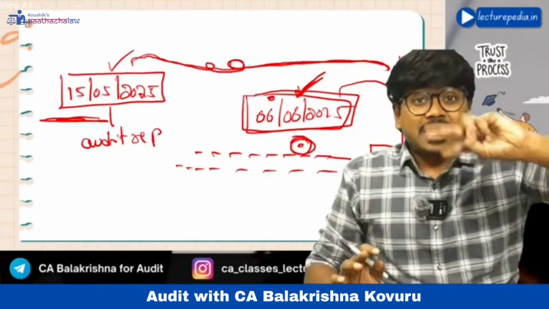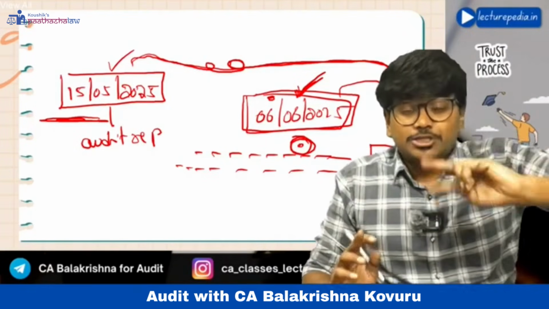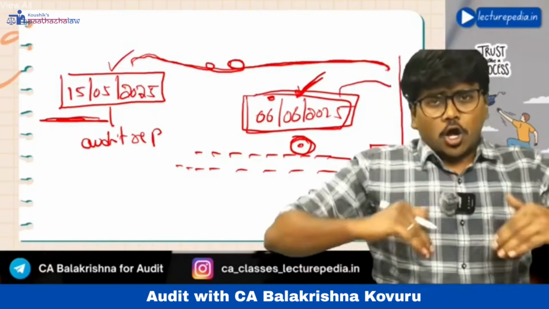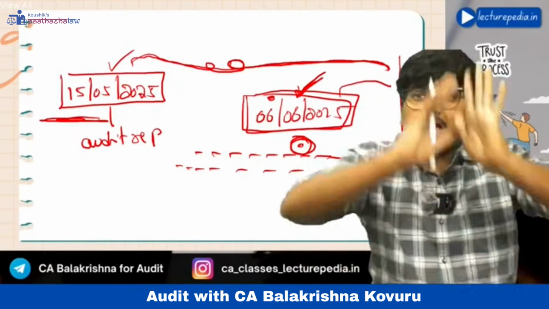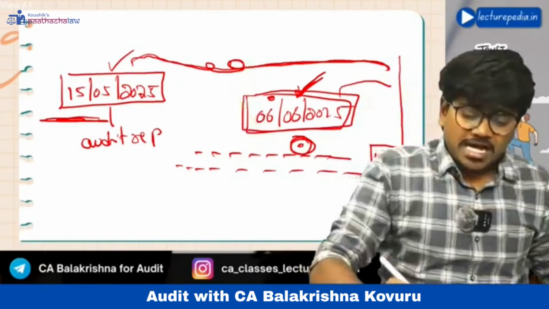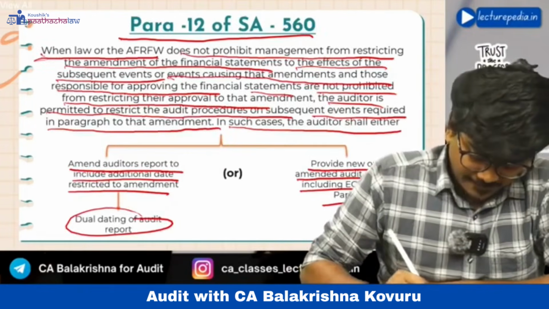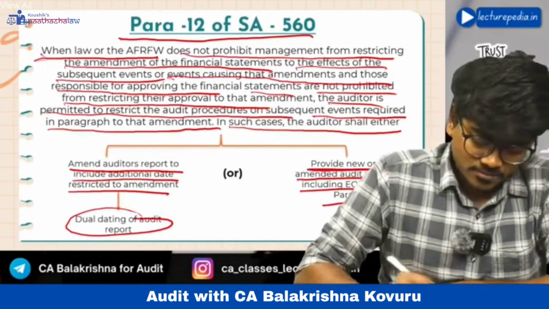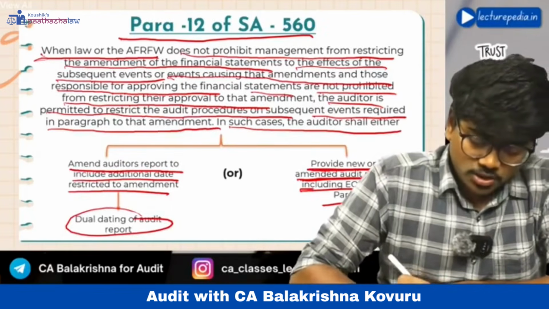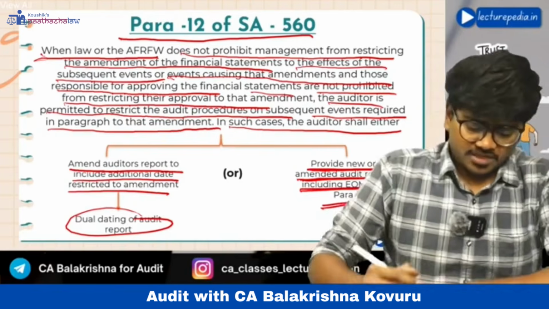So like this, he can give dual dating for the audit report. Or if he wants, he can amend and give a new audit report as on this particular date. Hope you understood this. See, provide a new or amended audit report including emphasis of matter or other matter paragraph.